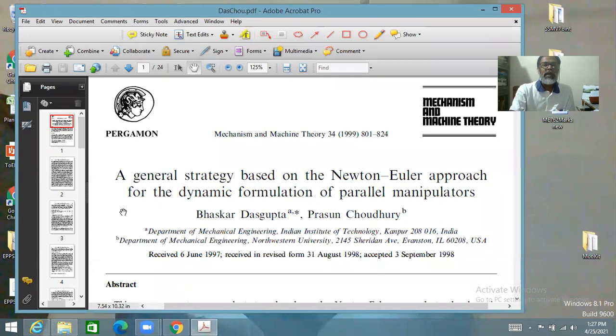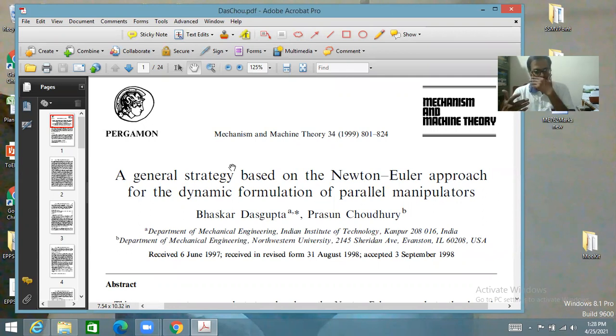Yes. So this paper, as it is, covers the dynamics of parallel manipulators in general. It's a general formulation. It's a general strategy for parallel manipulators of all kinds. Before this, I actually worked on individual parallel manipulators, and from the pattern that I abstracted from my own work, this paper outlines the general reading.